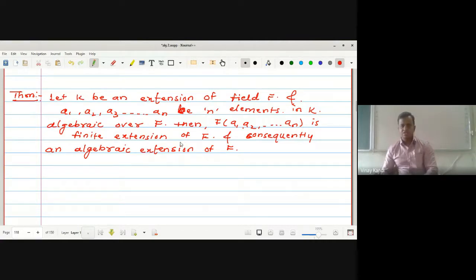Earlier in the theorem there was only one element, F of A. Now there are N elements. So look at this.